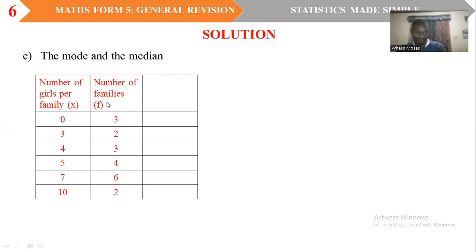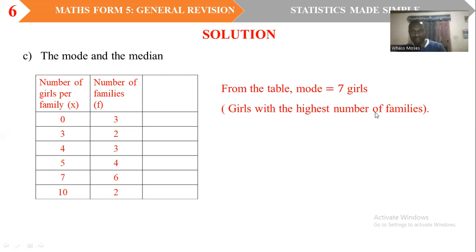When you look at the frequencies, the highest frequency is 6, and this 6 corresponds to 7. So there were 6 families, each having 7 girls. Therefore, the mode is 7 girls, the number of girls with the highest number of families.